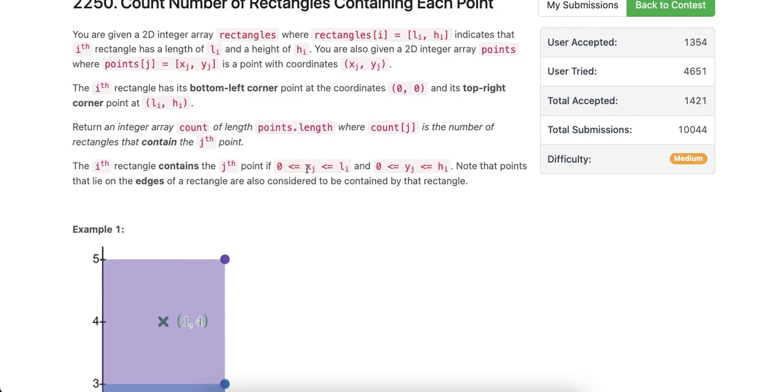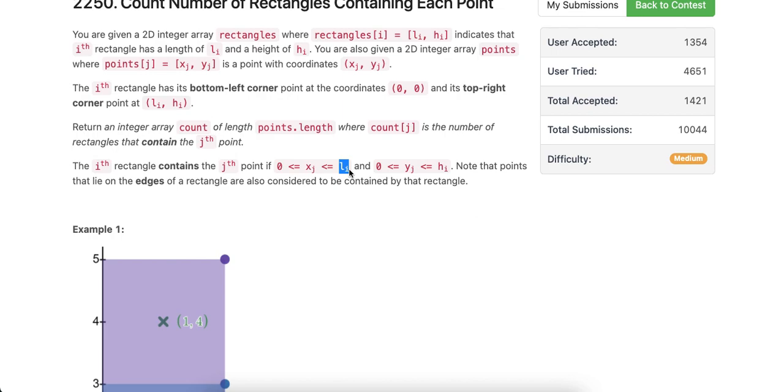So how does this violate the condition when x is bigger than L? If we sort the rectangles from bigger to smaller, the next rectangle will have a smaller L. So why would we need to check it further? So sorting rectangles is important.